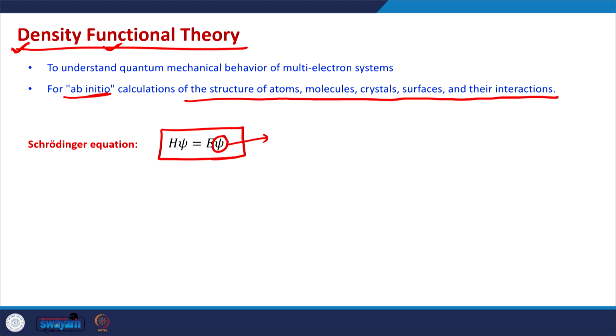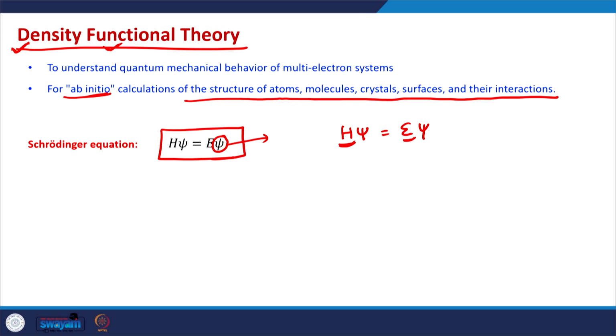The Schrodinger equation is a very simple and elegant equation. It relates the Hamiltonian, which is the total energy operator of the system, and if we operate this Hamiltonian on the wave function of the system, it gives us the energy corresponding to that wave function.